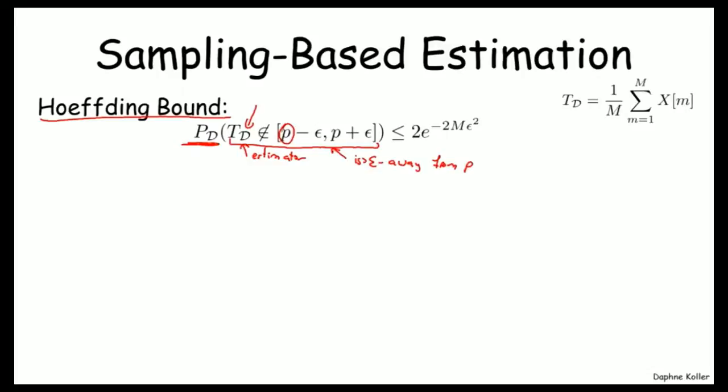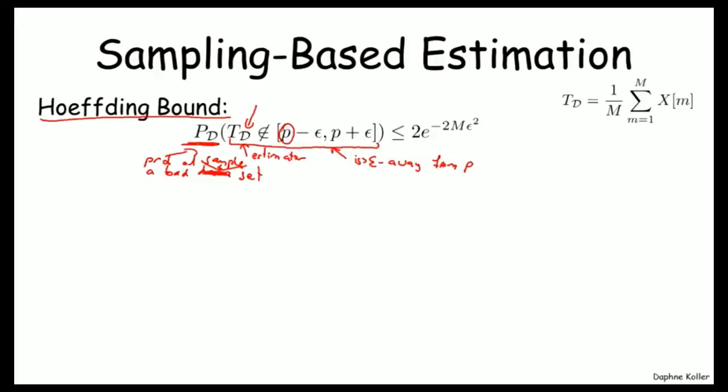And so I might get good data sets where the estimator is close to P, and I might get data sets where the estimator is far from P. So this says, what is the probability of a bad data set or sample set? Okay? So that parses the left-hand side.